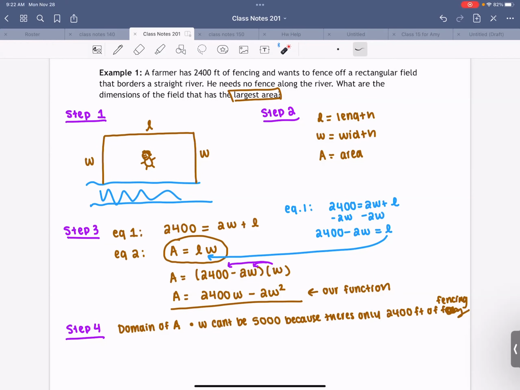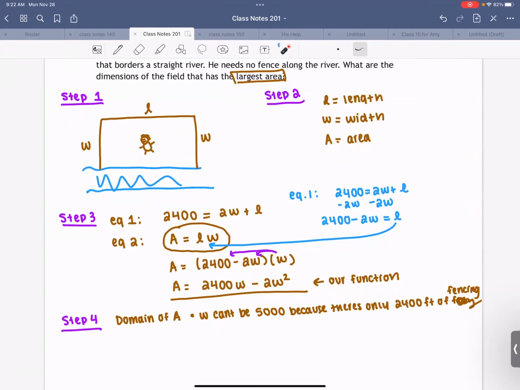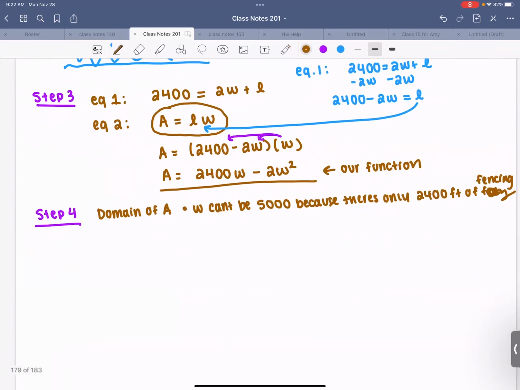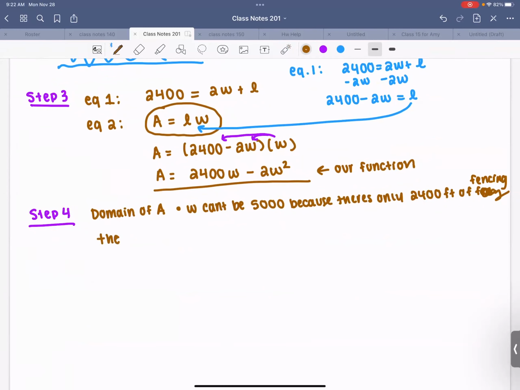Anything less than 1,200? The largest that W can be is really 2,400 over 2, because there are 2 W's, and that would be 1,200.